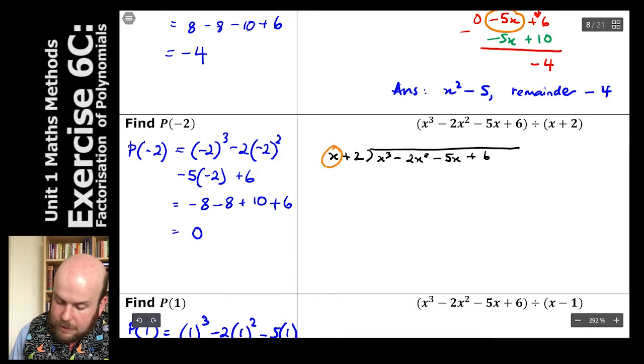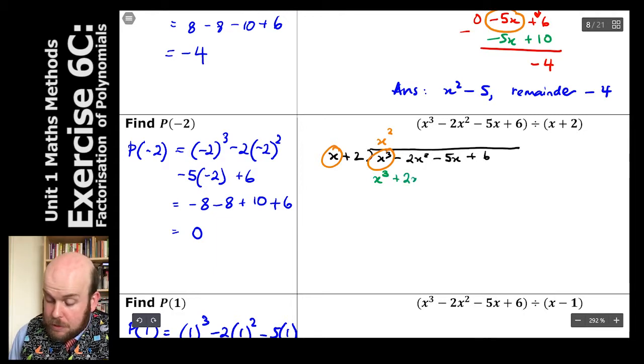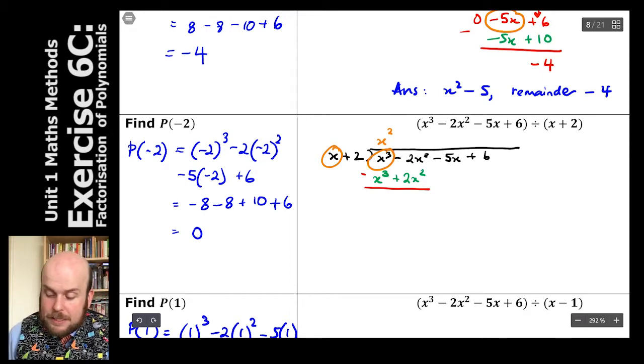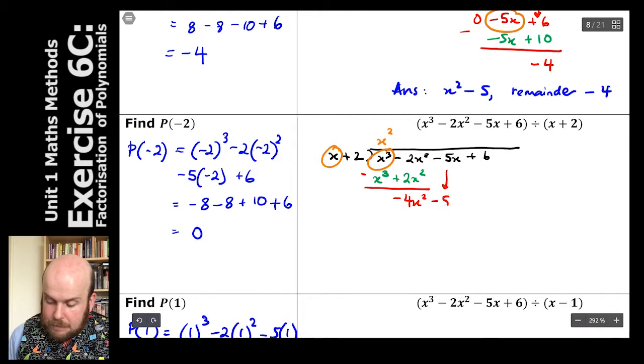So x cubed divided by x is x squared. x squared times x gets me x cubed. x squared times positive 2 gets me positive 2x squared. x cubed take away x cubed gets me 0. Negative 2x squared take away 2x squared is going to make that negative 4x squared, then minus 5x.